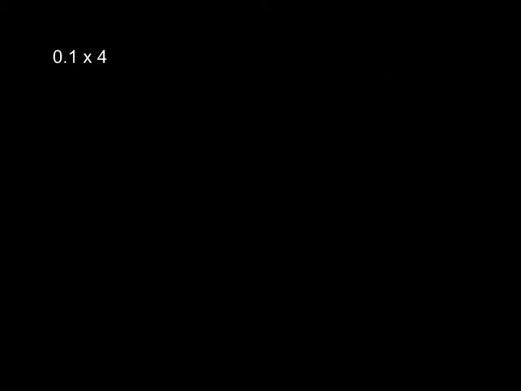Okay, so let's look at a problem. If we have 1/10 times 4, we can look at it as a fraction problem that we've done before, where you have 1/10 times 4, knowing that 4 is the same as 4 over 1, and we'll multiply across where we have 4 times 1, which is 4, and 10 times 1, which is 10.